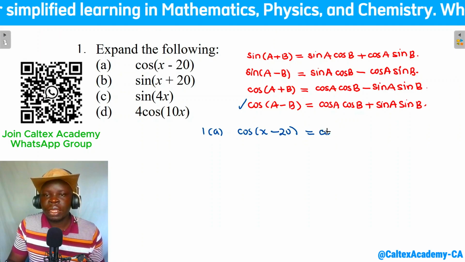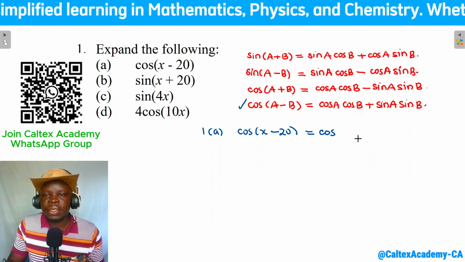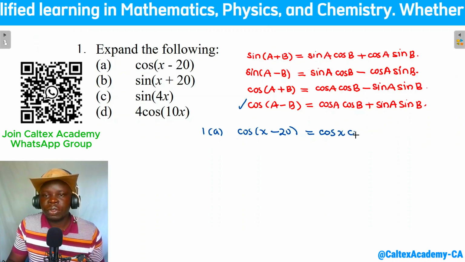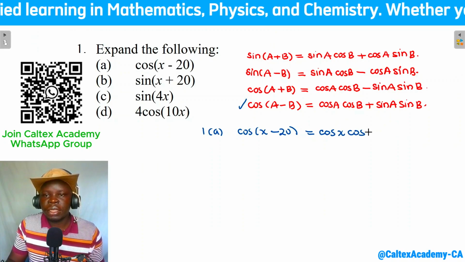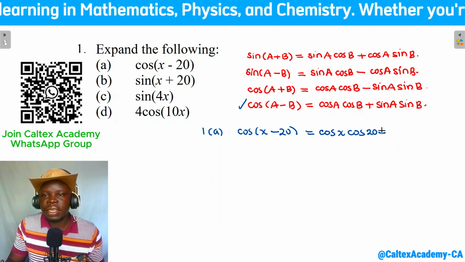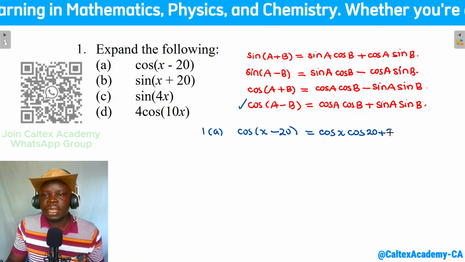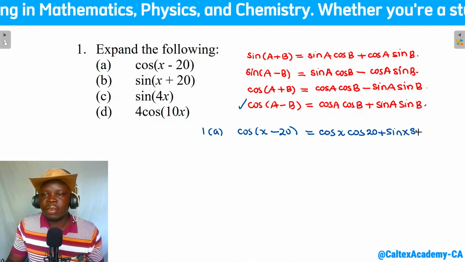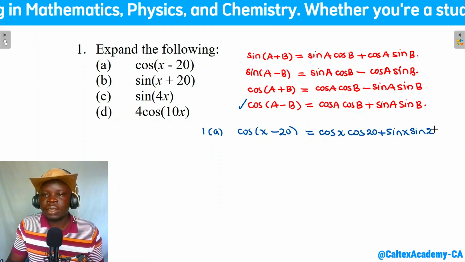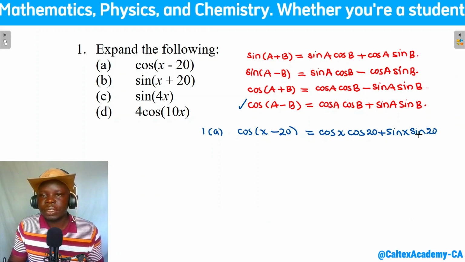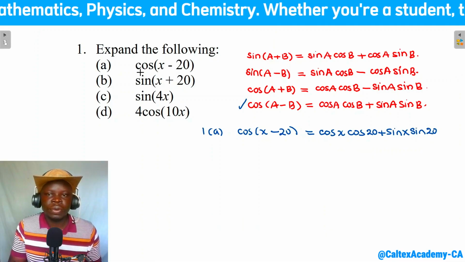That is going to be cos of A, and our A is x, then we multiply it with cos of B, and our B is 20. And the sign here is addition: sine of A, our A is x, times sine of B, and our B is 20. So we've already expanded this because there's nothing else we can do. We just have to expand.